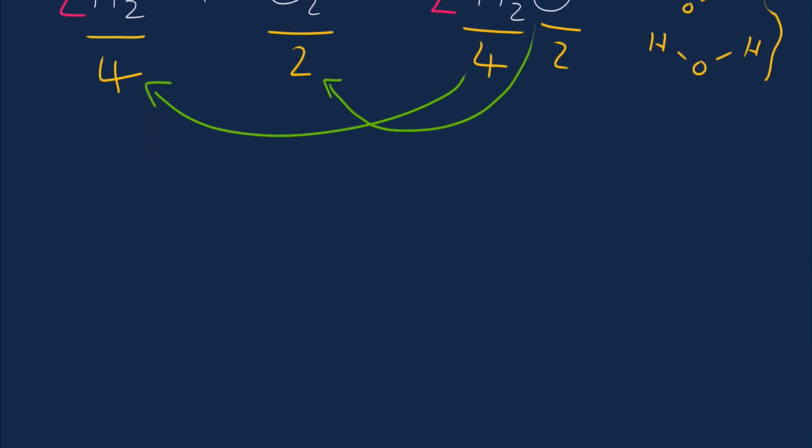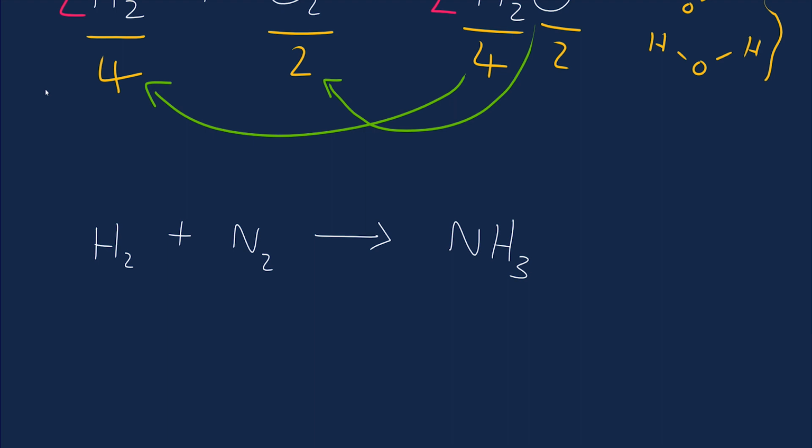This example is going to be the reaction of hydrogen and nitrogen. So H2 for hydrogen, nitrogen is also diatomic, N2, and they react together to form NH3, and this is called ammonia.